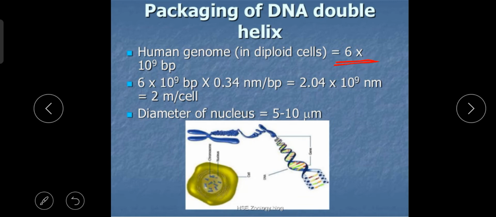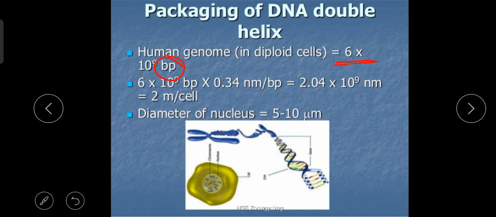The number of base pair, BP for base pair, in diploid cell is approximately 6 billion, and the number of base pair in haploid cell is 3 billion, that is half of the 6.